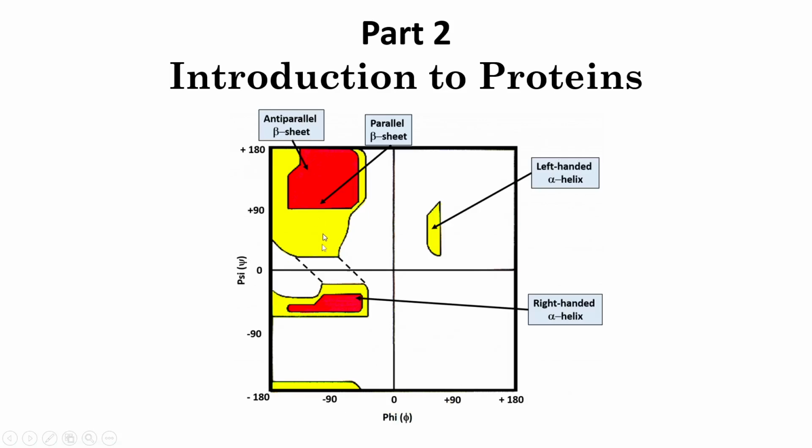Only these are the angles where a protein is stable. If a protein wants to make a beta sheet structure, these are the angles which make the sheet stable, and these are the angles where the alpha helical structure is stable, whereas this is where the left-handed alpha helix is stable. In the other angles, no protein can make a stable structure, and they are not present in reality.